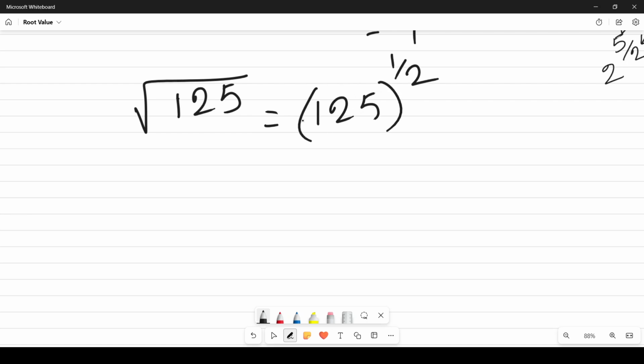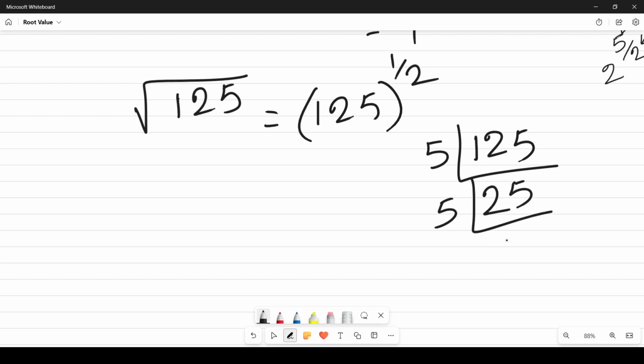So what you have to do is find that multiplication factor where you get the same base with power 2. So what will it be for 125? If you start dividing it with 5, you get 25, then 5, 5. So 125 is basically 5 multiplied by 5 multiplied by 5, right? So you have three fives here.